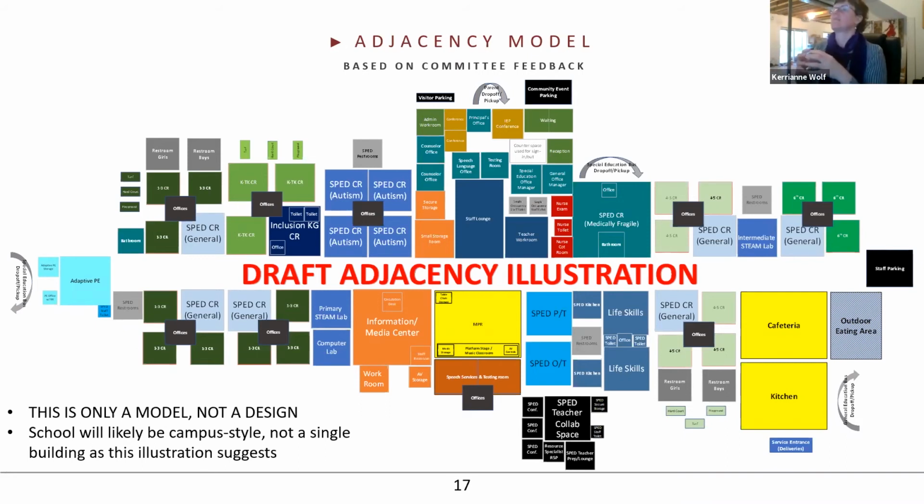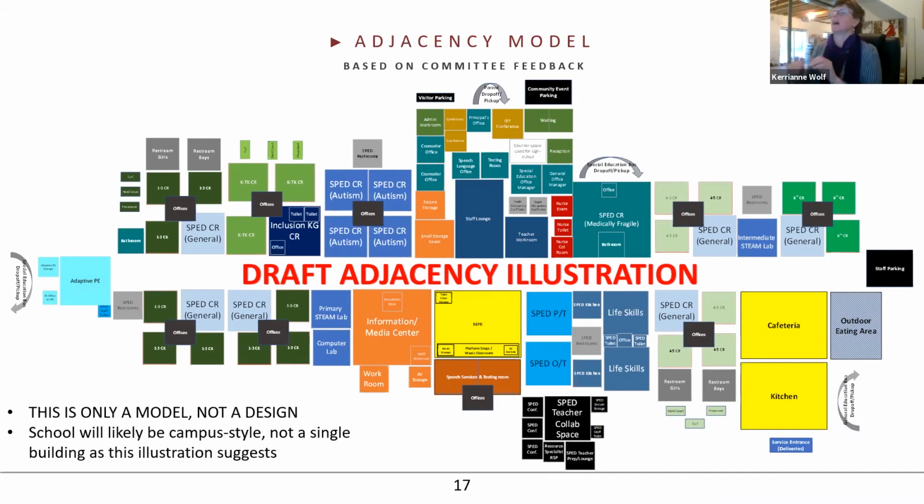And so what I'm envisioning more is having a facility that's medically fragile, life skills, adaptive PE, and that would have the special ed drop off, right? And then the cafeteria would be a facility with the general ed drop off. And then we would have the classroom cluster facilities, and then the central facilities and admin, and then probably the library, computer lab, STEAM, and then multi-purpose.